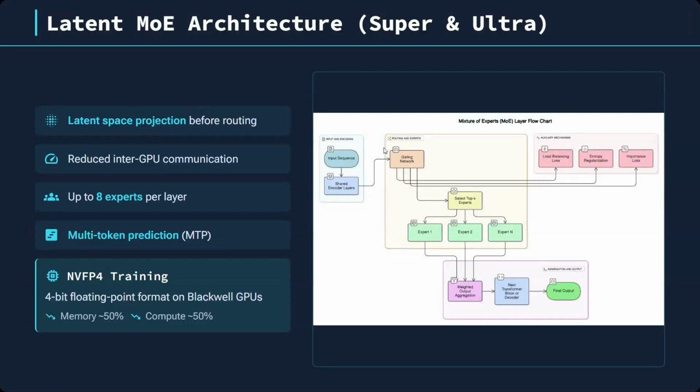The RL dataset includes trajectories for agent workflows, tool calling sequences, and verifiable outcomes, not just one slice of it. You can toggle your reasoning on and off. You can enable the thinking budget to control how many reasoning tokens it is allowed to spend.